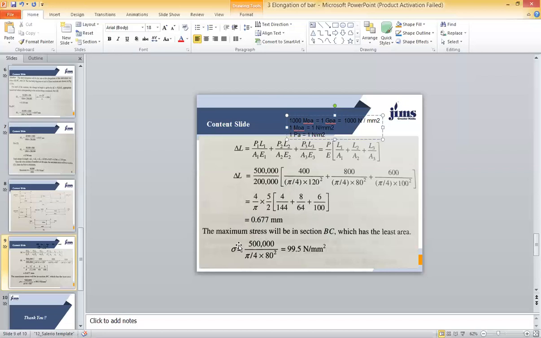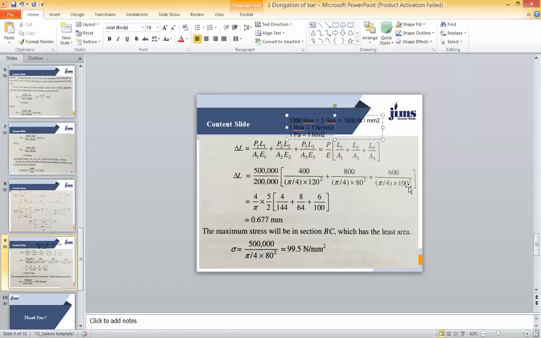The maximum stress will be in the section BC, which has the least area. Stress depends on the force and area. In this problem, we have the same force in each section, 500 kilonewton for AB, BC and CD, but the areas of the sections are different. The diameter of the first section is 120, of the second section is 80, and of the third section is 100.